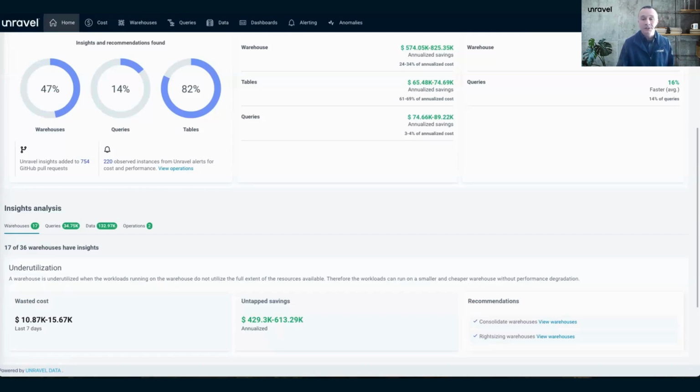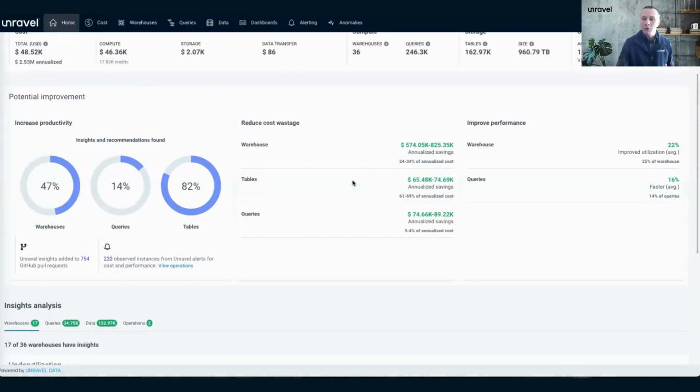One other thing I'll mention, just to keep this in mind, I know I told you this is my demo environment. We want to keep our costs low here, and so therefore the data sets are small from what I'm showing you here. But think about this in terms of your environment, your queries, your workloads. You could be spending thousands, tens of thousands, potentially millions across the entire Snowflake estate. These savings all start to add up. And this gives us a great way to see enterprise-wide across all my Snowflake accounts, hey, what are some of those low-hanging fruits?